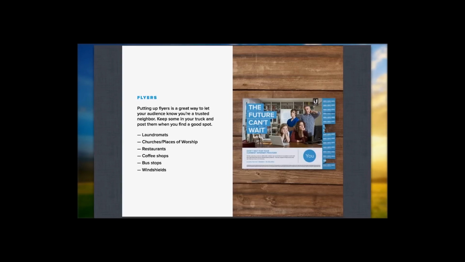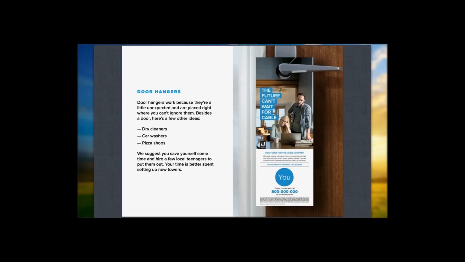Now, I saw some comments come up earlier about door hangers, and door hangers really work well because they're unexpected and they're right in a place where you can't ignore them. It obviously takes time to walk a neighborhood and post these on people's doors. So hire some college kids via Craigslist to go out and distribute the door hangers.